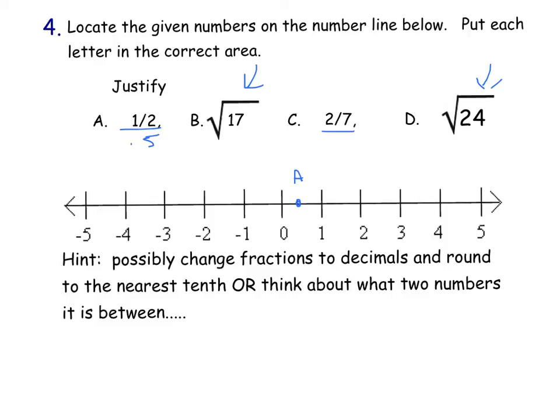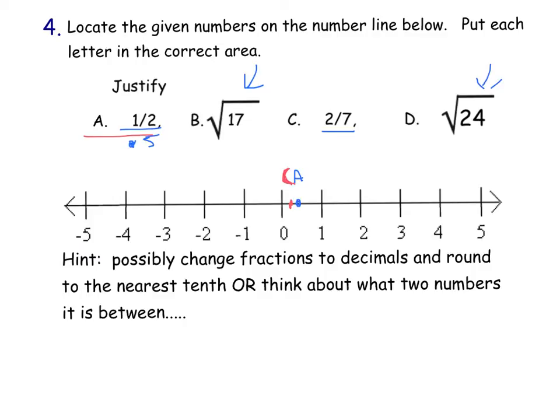And 2/7, we know that it is going to be less than 1, but greater than 0, so we know it's going to be in this area right here. 2/7 is less than half because 3.5 is half of 7, so I know it's going to be going on this side of A because A was 1/2. So they're very close together.